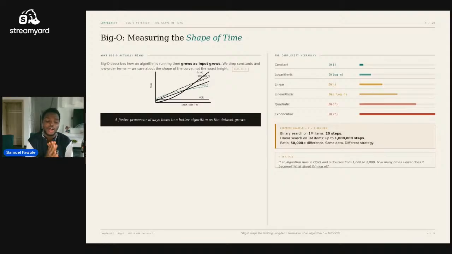And so most of our algorithms are in the logarithmic scale. Most of the good or faster algorithms are in this logarithmic time complexity. And so linear is that it scales directly proportional to the input size.